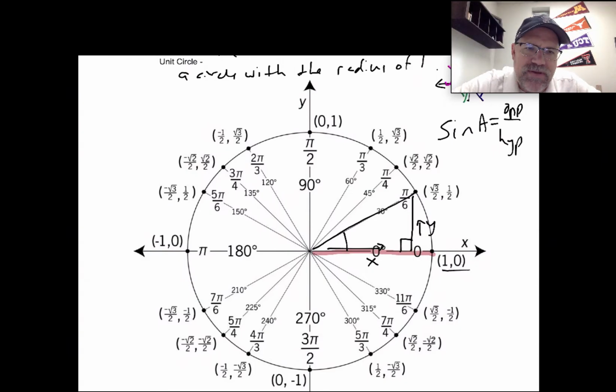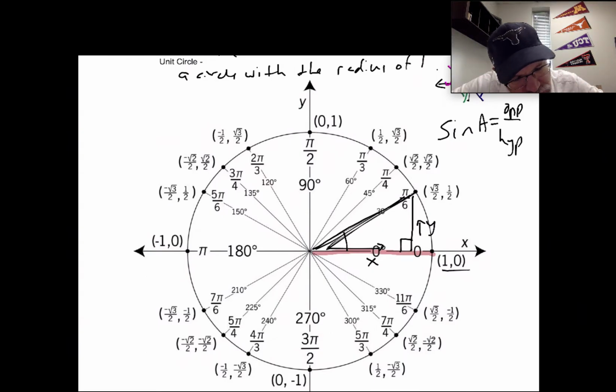Now what's happened on that unit circle is my hypotenuse is always 1, because that's this value here. That value is going to be 1 no matter which of these angles I pick. So all this sine value is, it's my opposite. It's my y coordinate. So sine A actually has the value of my y in this point, or in this case, 1/2.